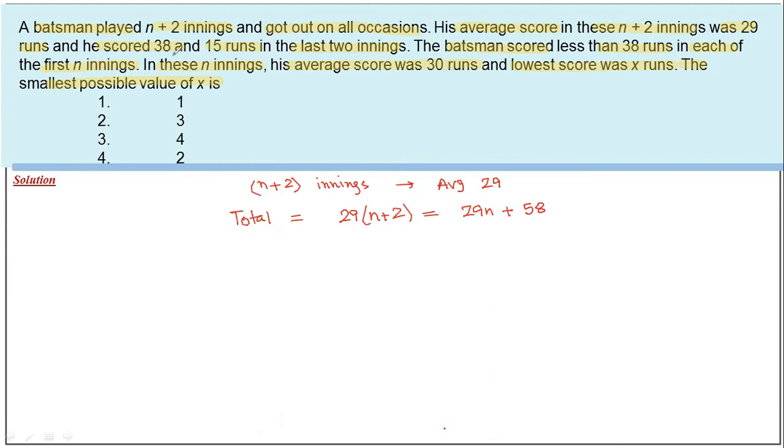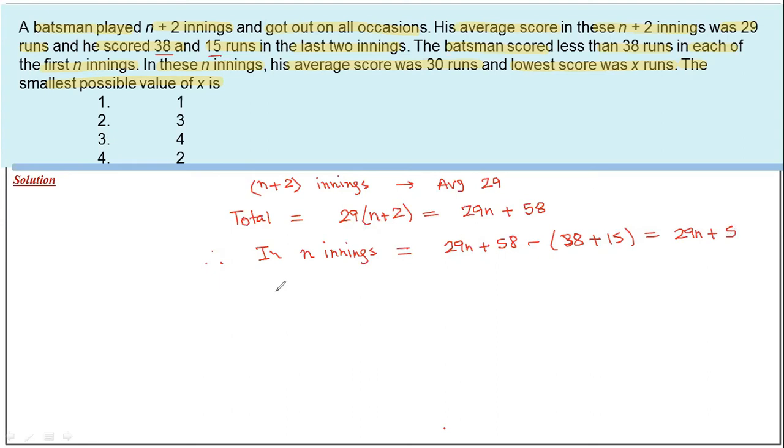Also given that in the last two innings he scored 38 and 15. So therefore in n innings he scored 29n plus 58 minus 38 plus 15, so that is equal to 29n plus 5.